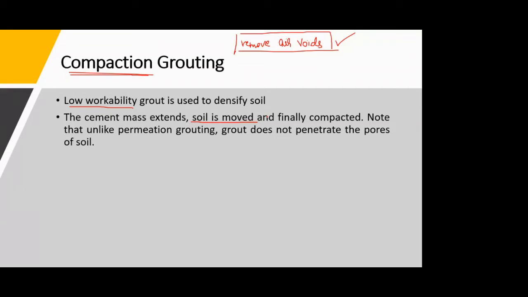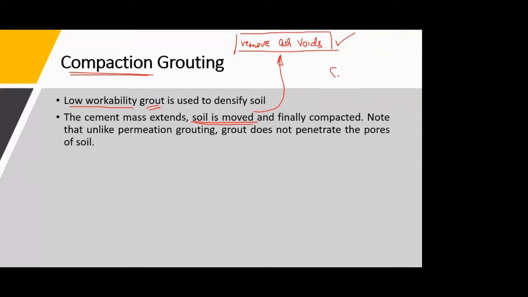But in the case of compaction grouting, the grout we are using has some strength in it, and we are injecting it under pressure. Due to that pressure and the characteristics of that grout, your soil gets moved, and due to this movement your air voids are removed.